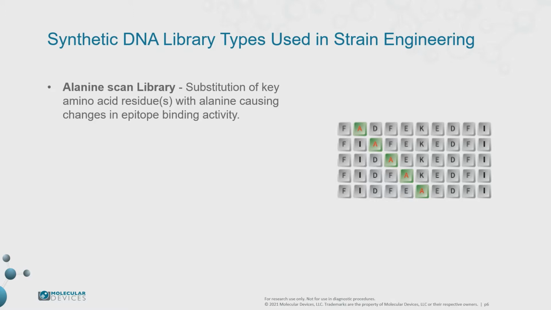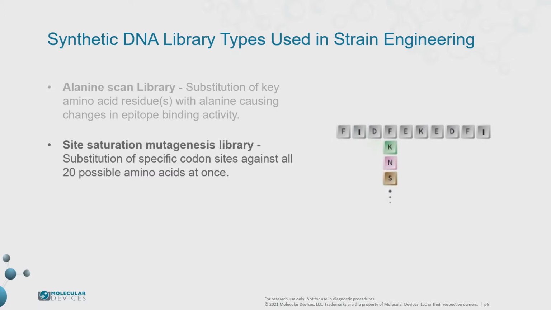In this first example, we have an alanine scan library where key amino acids are substituted with alanine, causing changes in epitope binding activity. So next we have the site saturation mutagenesis library, where substitutions of specific codon sites against all 20 possible amino acids happen at once.